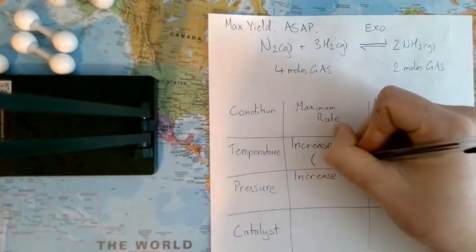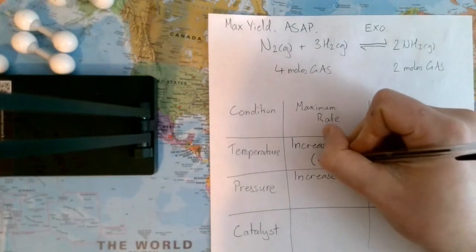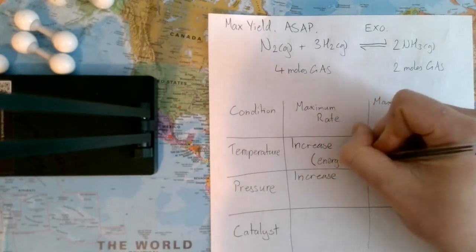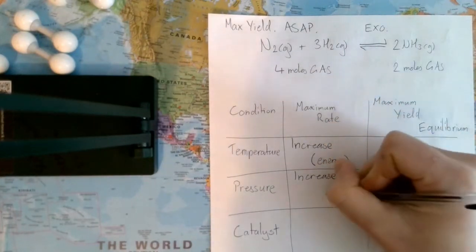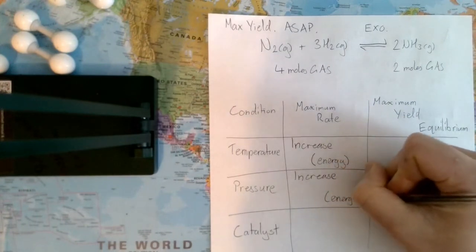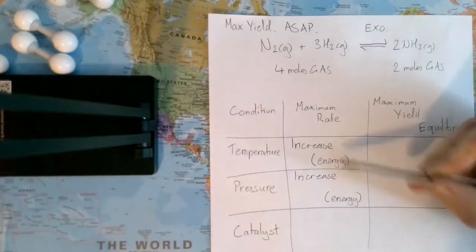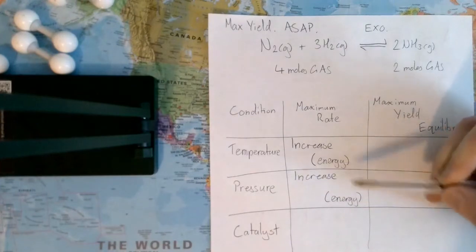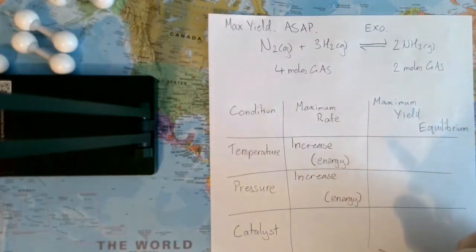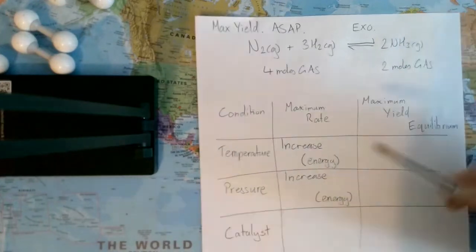Now, you have a limit from the energy consumption for both of these. And you can put in about the environmental impact of using too much energy, the cost impact. You can also, for pressure, have about the explosion risk if it's too high a pressure.